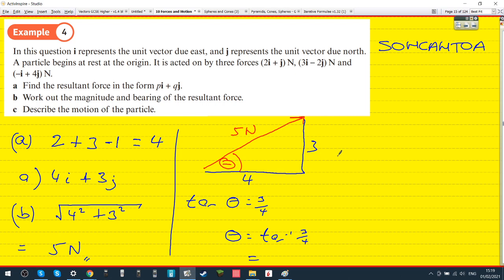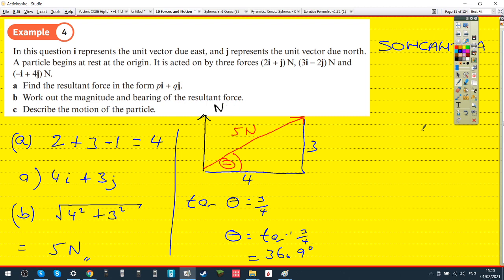I'll use my calculator now. Okay, so I got 36.9 degrees. And strangely, or maybe not, they asked for a bearing. And so what would be the bearing?